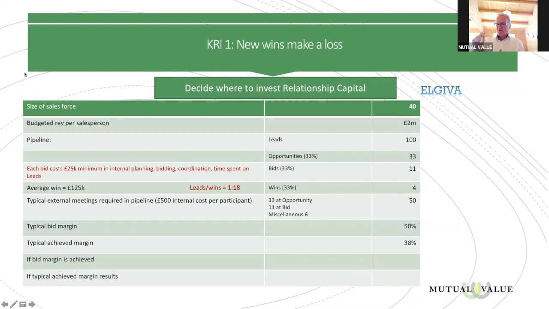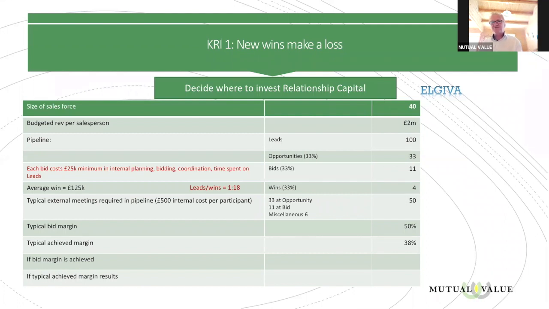That's when the PowerPoint guy turns up. That's when you start having bid reviews, and so on. There's so much effort goes into these things. People call them bid analysis. It's actually a lot of guesswork going on. And the whole thing, we think, costs probably 25K minimum in that internal process. So now we've got the bids costing us 25K.